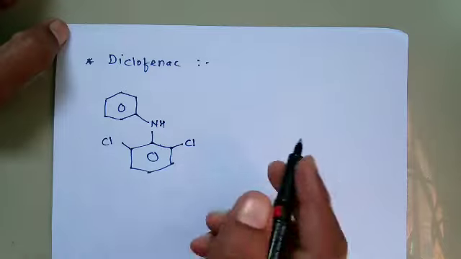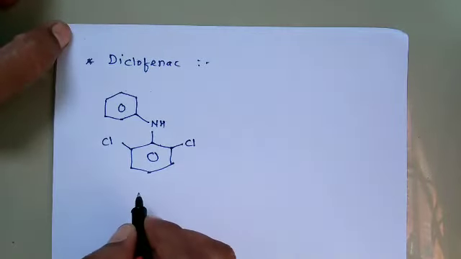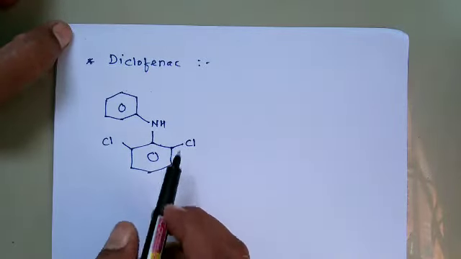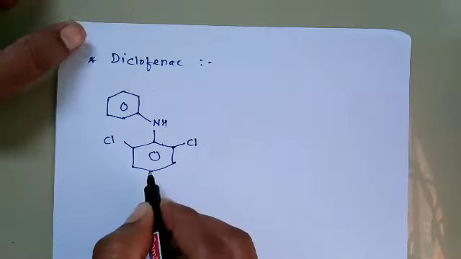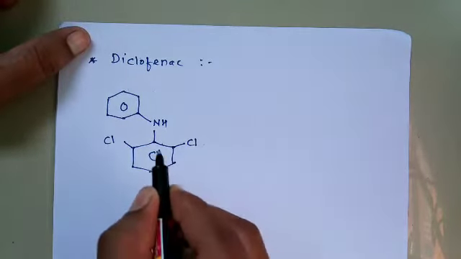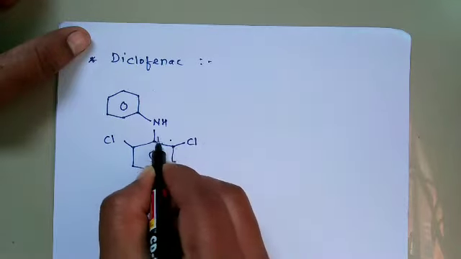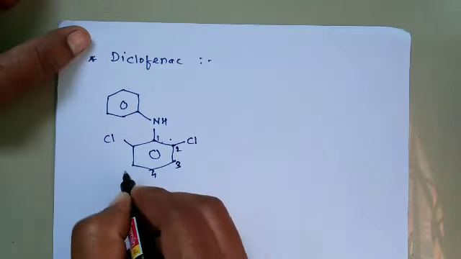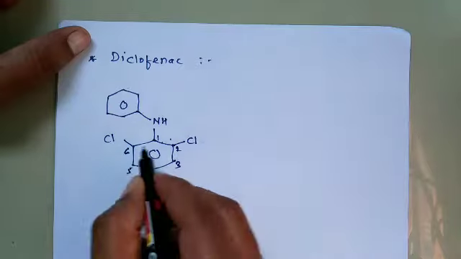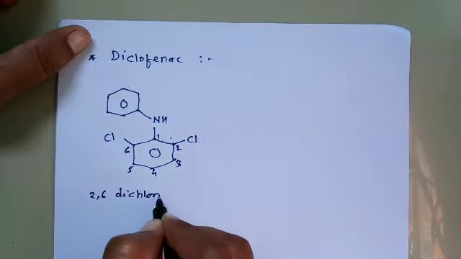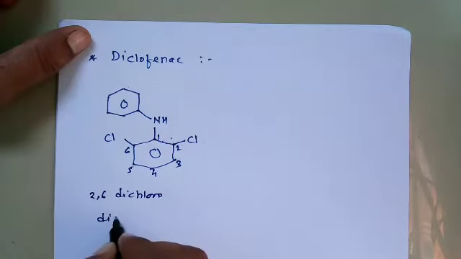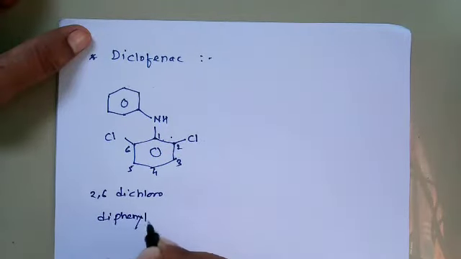Okay, so this is the reactant molecule. What is the name of this reactant molecule? 1 2 3 4 5 6, 2,6 dichloro diphenylamine.